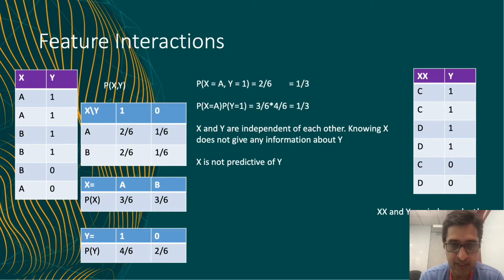To give you an example, this is a toy example of how you could have two features, each of them independent of the label or the variable to be predicted, but when combined together, they can work together and predict the variable.